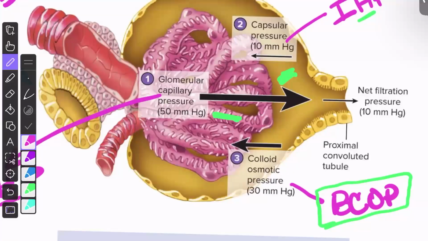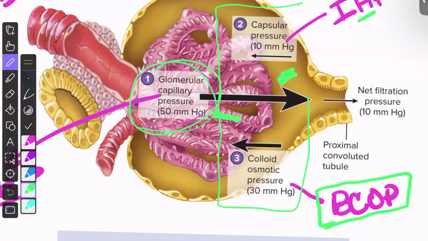We want to make sure that in our nephron, our glomerular capillary pressure is always bigger than the combination of these two, right? Because they're going in opposite directions. And we want to make sure that we are filtering the blood. And in order to filter the blood, I need to move stuff from inside of the blood into the Bowman's capsule, right?